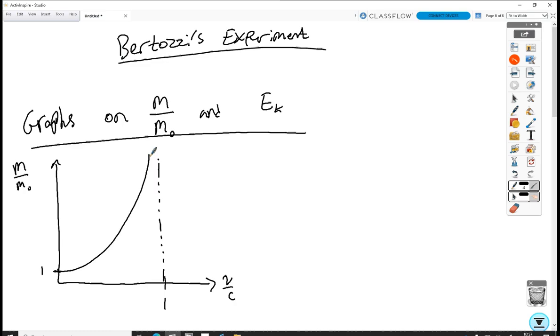In the classical approximation, where mass does not increase, so this is relativistic, and the classical, I should probably change colors for classical, so let's change to blue.